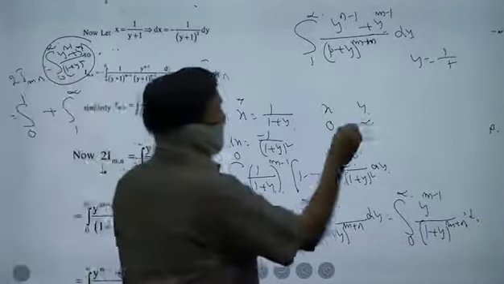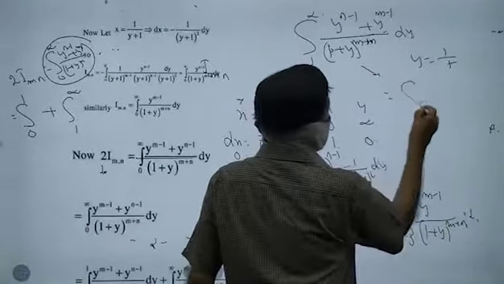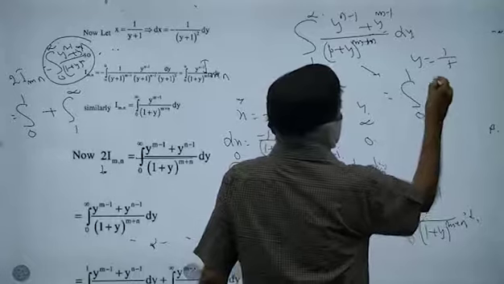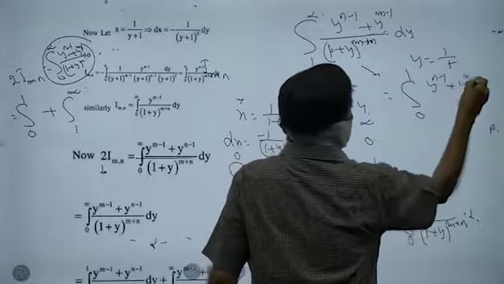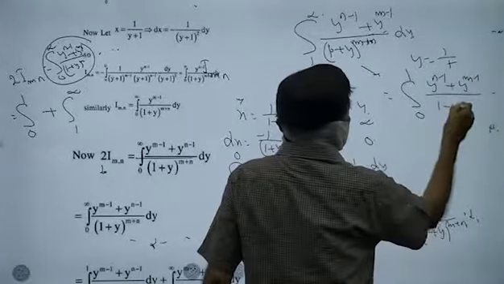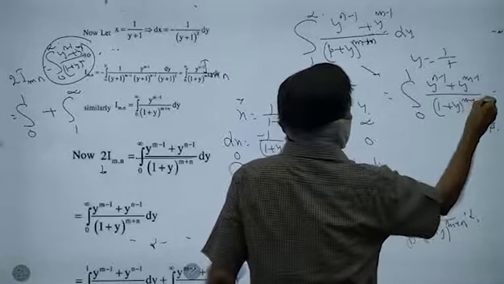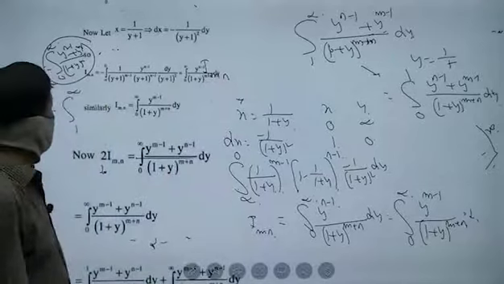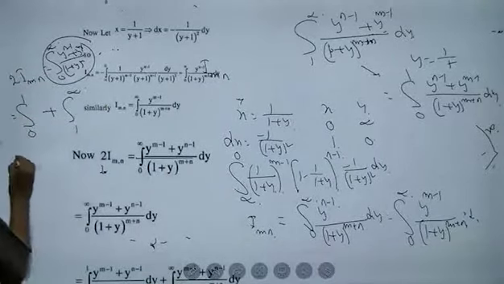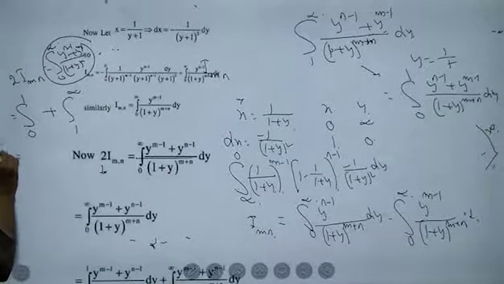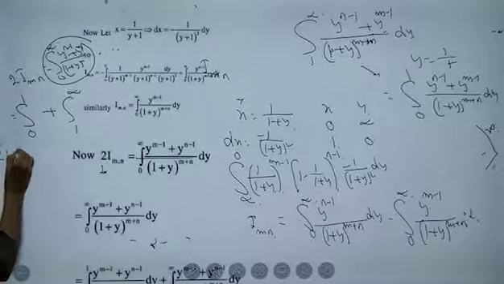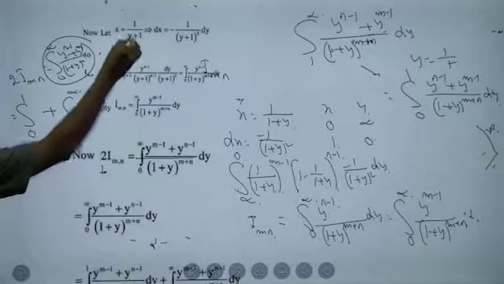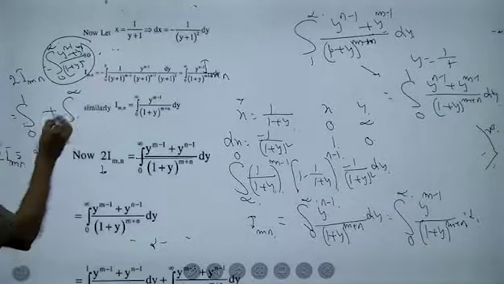Then this is converted into an integral from 0 to 1 of the same form. So 2Imn is equal to 2 times this, as this part is also this.